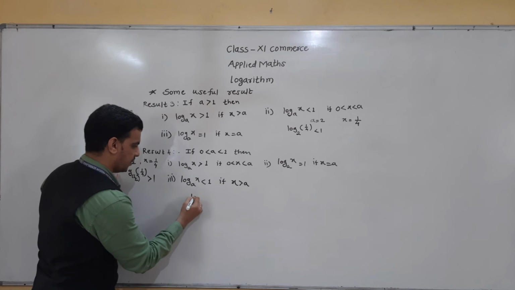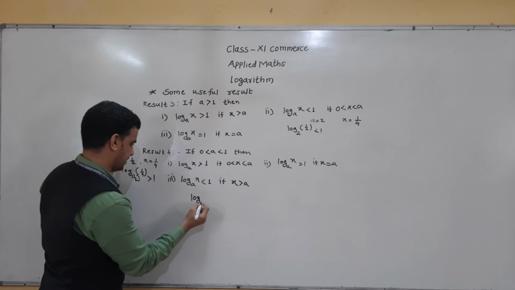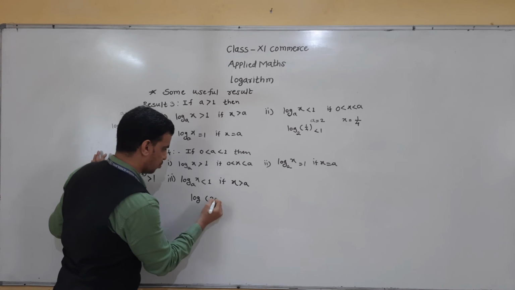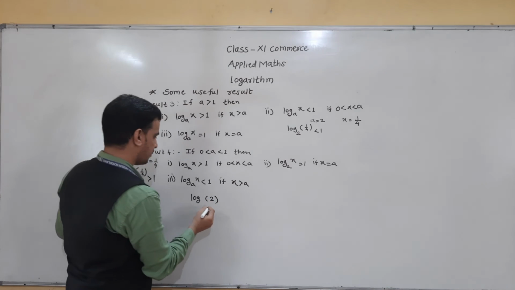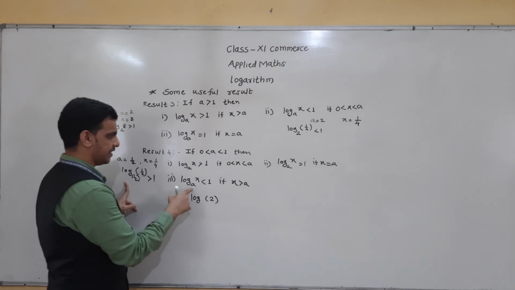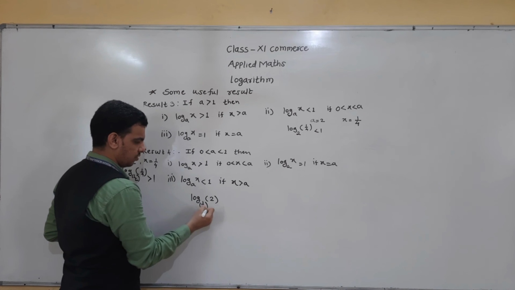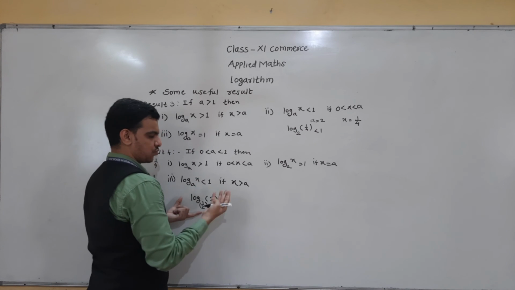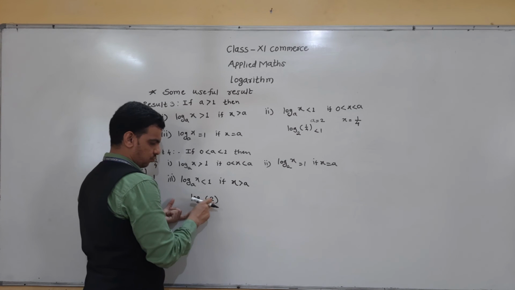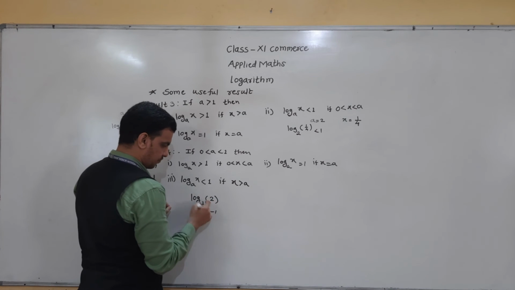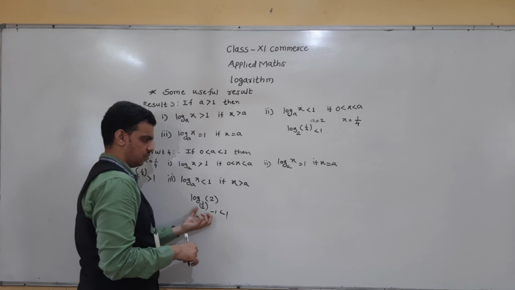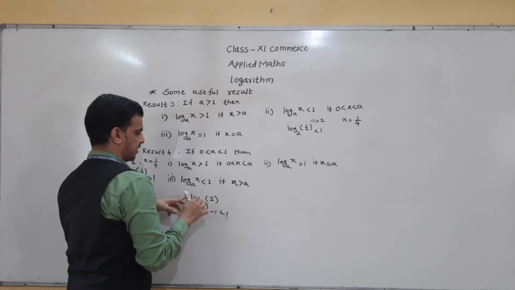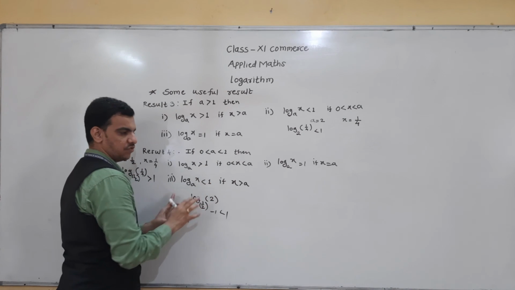Suppose I take x as 2, and a is in between 0 to 1, so it is 1 by 2. When we raise the power of 1 by 2 by minus 1, we get 2. So the answer of this is minus 1, which is less than 1. So if x is greater than a and a is in between 0 to 1, then log x to the base a is less than 1.